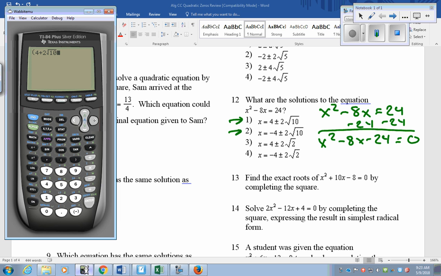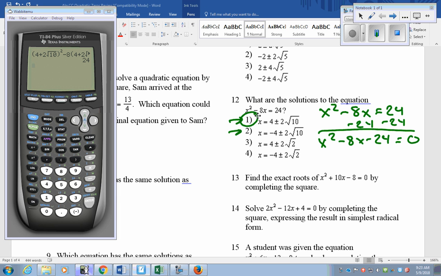I have to adjust that, get out of that square root sign, and that's squared, and then minus 8, and then I put that same number in again. So I have replaced each x with that first answer, 4 plus 2 radical 10. If it's the answer, it should equal 24. In this case, that answer gave me 24, so it should be safe to have choice 1 as my answer. So that's what we're looking at for an answer right now.